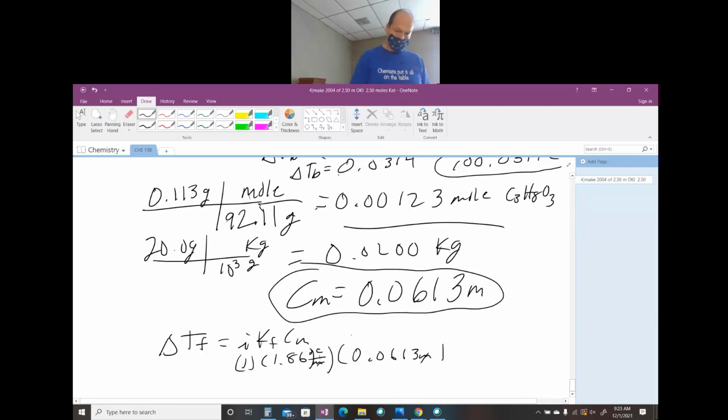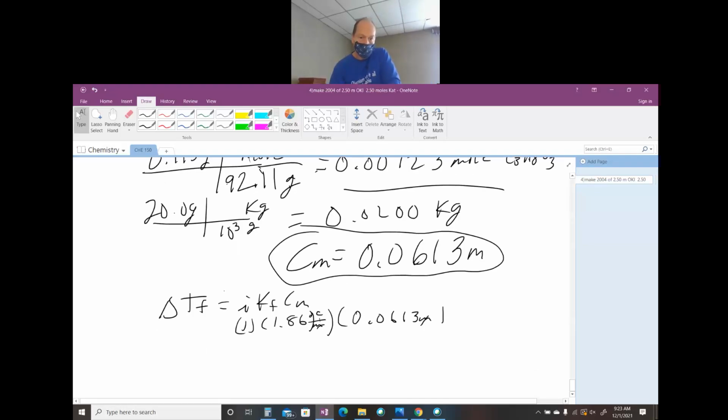And that will give you your delta T sub F, which is 0.114. And so that is a freezing point depression. We know water is 0, and so it goes down from 0, 0.114. So the temperature of freezing is negative 0.114 degrees Celsius.